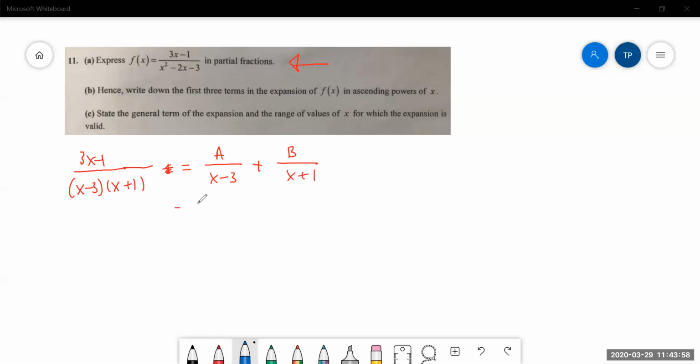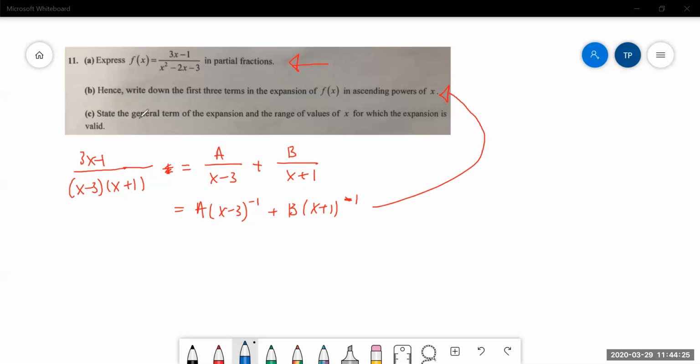So from here, what you will get is a(x minus 3) to the power of minus 1 plus b(x plus 1) to the power of minus 1. Then from here, you will use the formula that I gave you on the cheat sheet under Maclaurin's. Then from there, you can just substitute the values in to get to your b. So that one is okay.